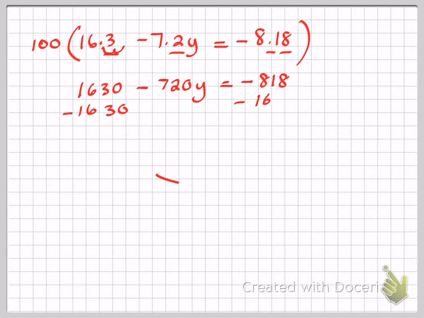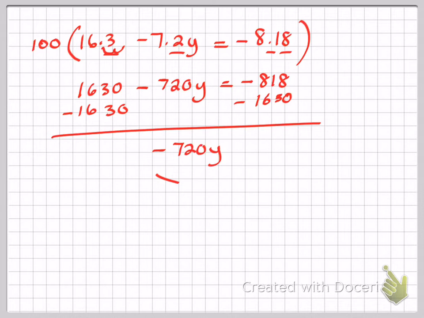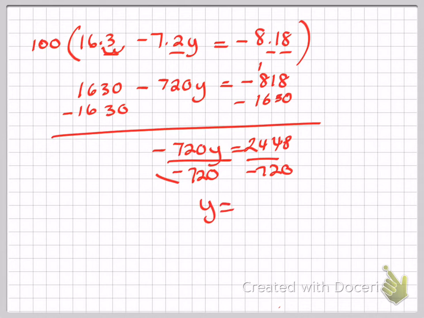Negative 720y equals 8. It's 4. Carry the 1. Oh, wait. 2. Yes, there we go. Okay, questions. Now we are dividing by negative 720. And y is equal to? Go, Miriam. 3 4/10.